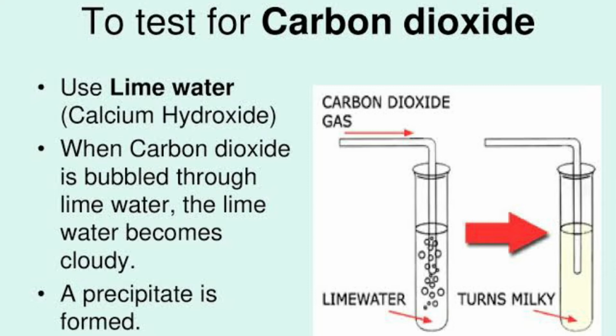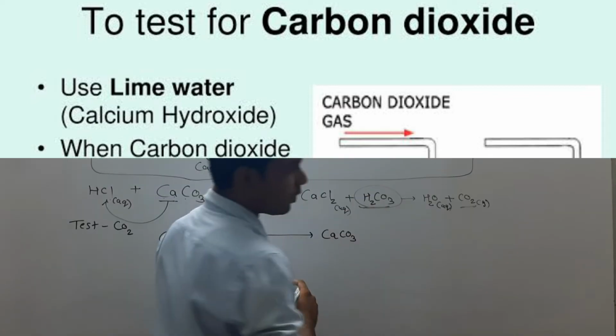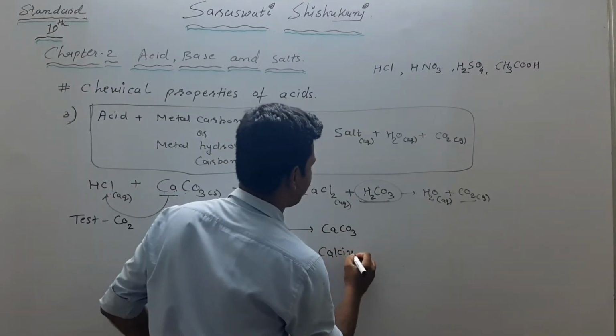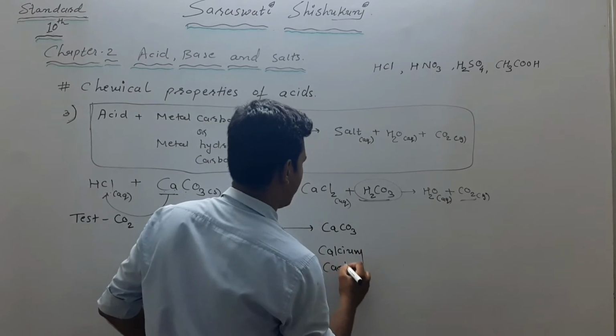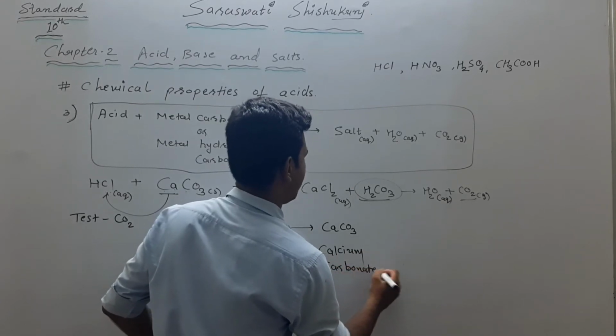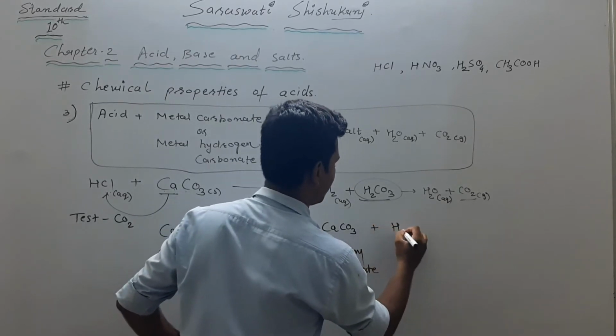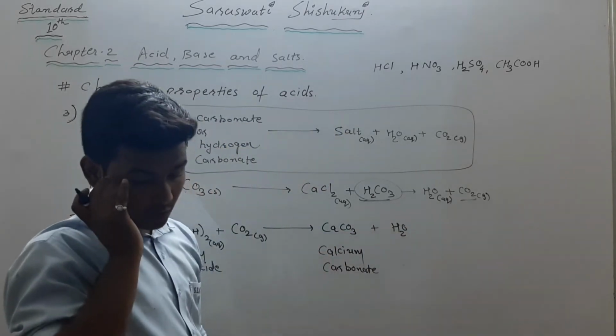If carbon dioxide is released, we can take the carbon dioxide gas and pass it through calcium hydroxide, and it will give us CaCO3, calcium carbonate, plus H2O.